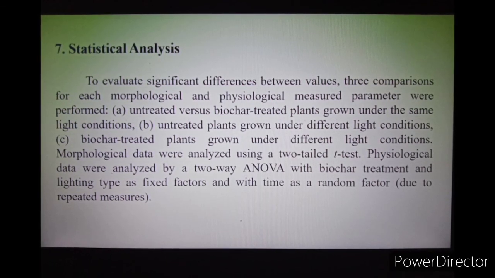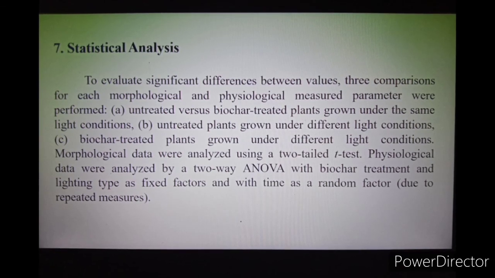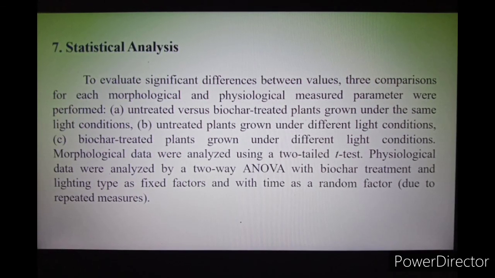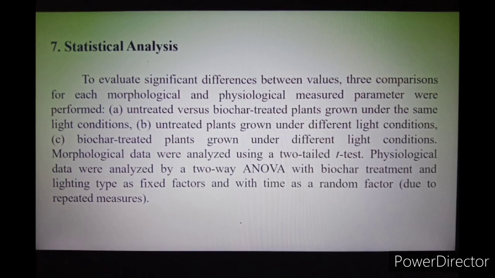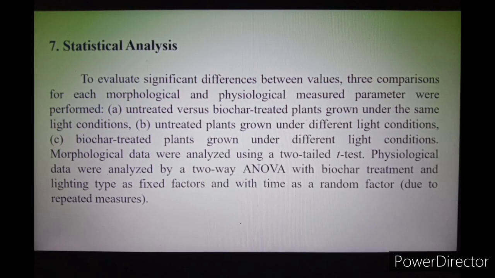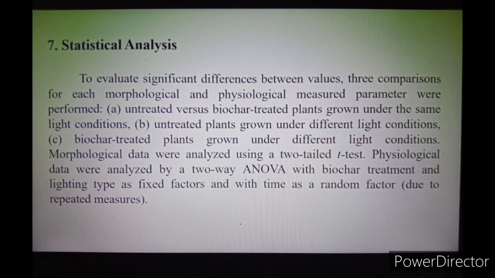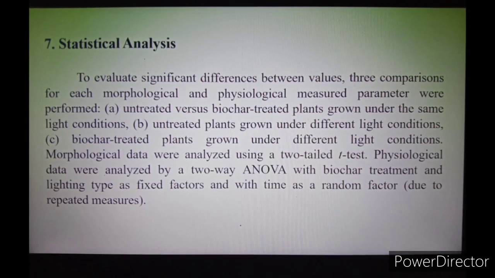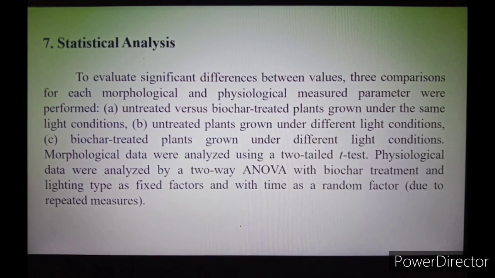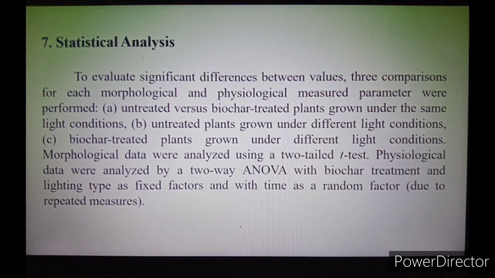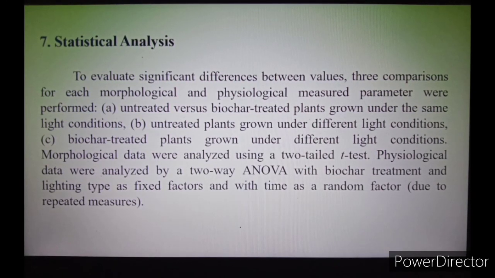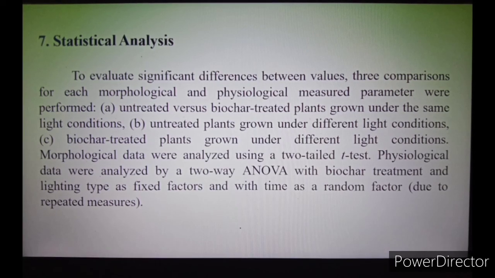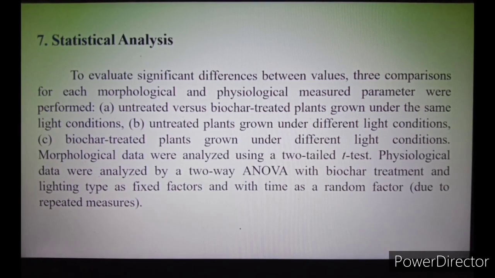And the last one is the biochar-treated plants grown under different light conditions. Morphological data were analyzed using a two-tailed t-test. Physiological data were analyzed by a two-way ANOVA with biochar treatment and lighting type as fixed factors and with time as a random factor due to repeated measures.